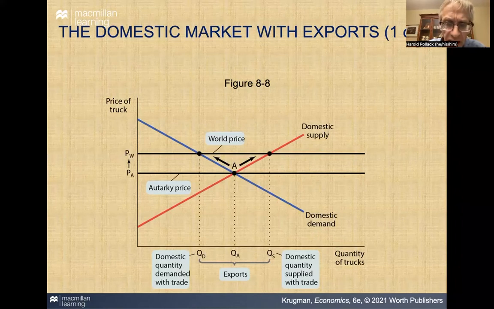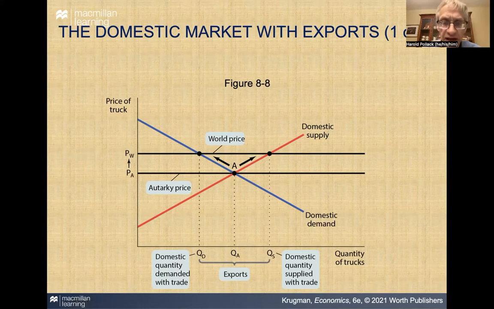And everything along here is actually going to be exported. Now note in this example, the winners and losers are kind of flipped. The domestic producers are clearly gaining. They used to get a producer surplus that was this triangle here. Well, now the producers are getting this big triangle here as their producer surplus.